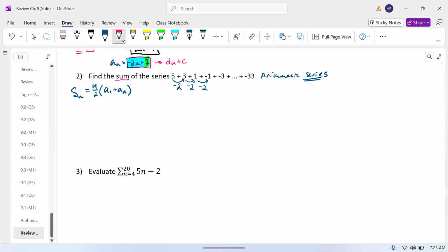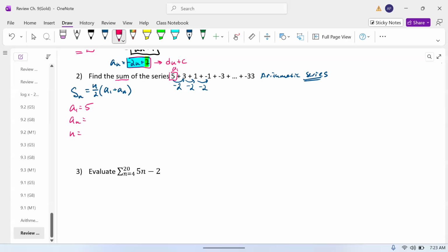Now, in this formula, just like with everything else, we have the formula. Let's write out our terms. So we need to know a sub 1, a sub n, and then we need to know n. In this case, n does have to be a number because we're finding the sum, therefore we're finding the actual numerical value. Well, a sub 1, pretty straightforward. That's our very first term, so a sub 1 is 5.